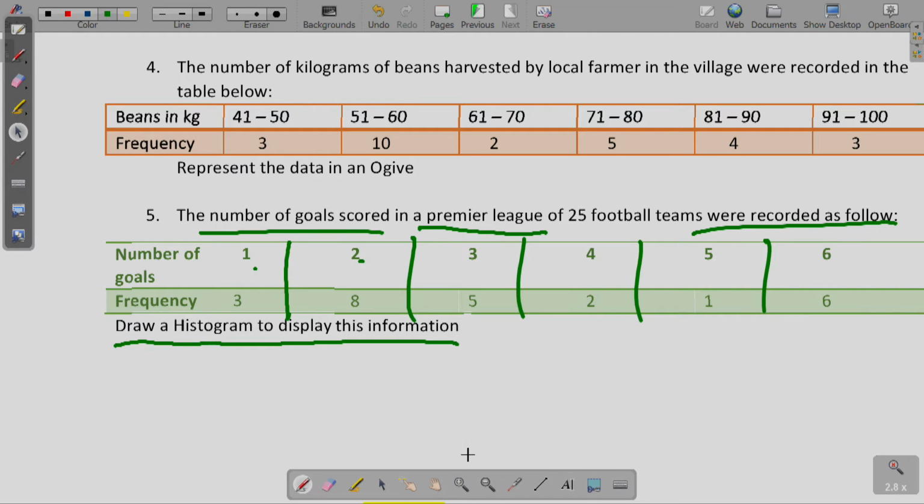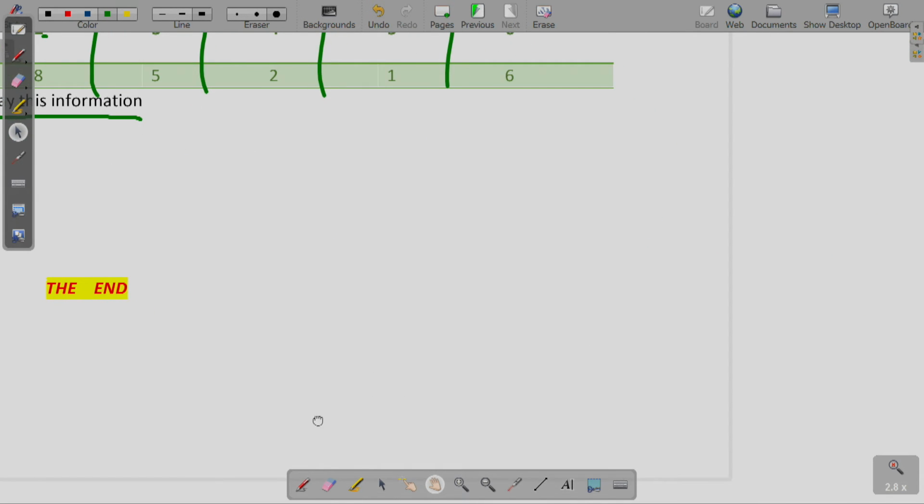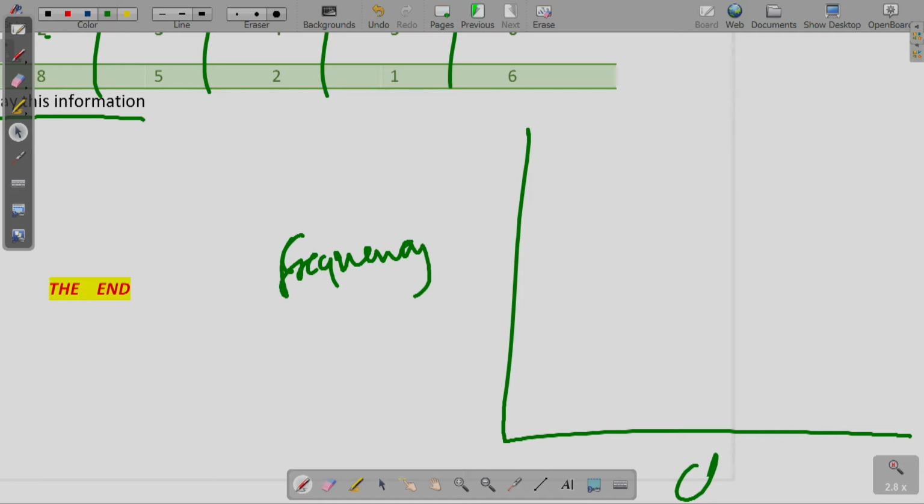Also, a histogram is drawn with frequency here, and class mark here.